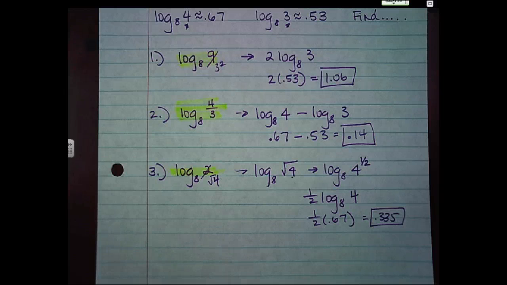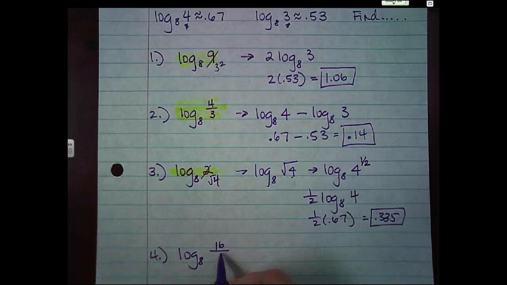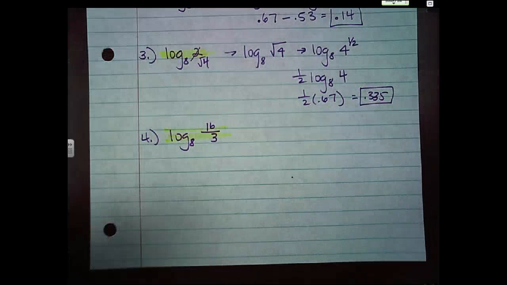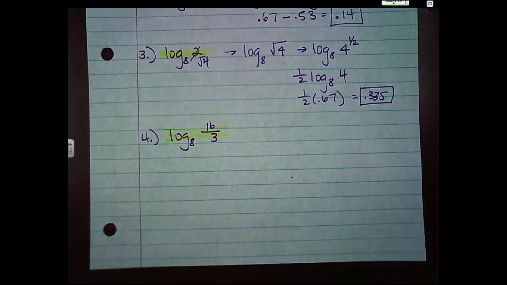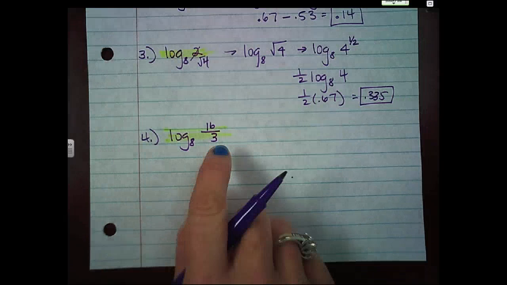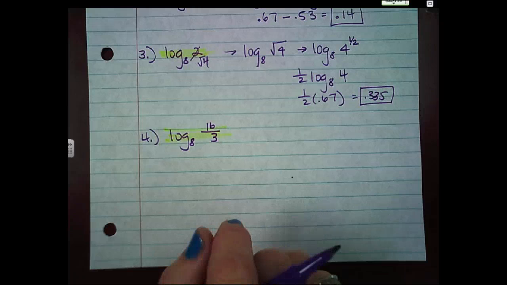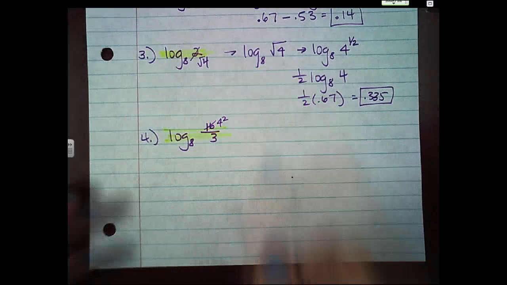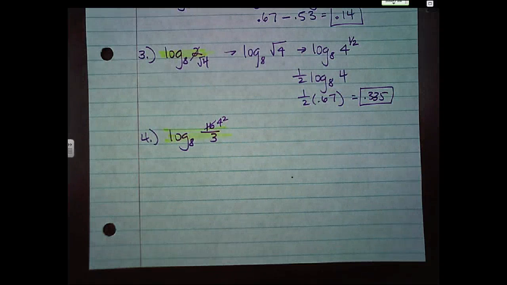Okay, last one. Log base 8 of 16 over 3. It's division, which means it's going to be a subtraction problem, right? What am I going to do with the 16? What's a way to get 16 using 4s and 3s? So this is the same as 4 squared. And the bottom is already okay.